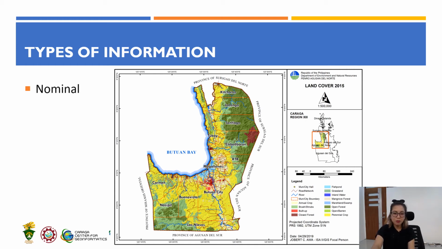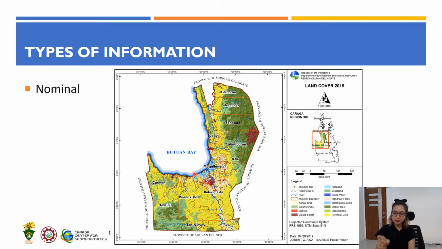But if highly populated places, like for example this one, Butuan City, for sure this is populated, right? Same here, what place is this? Kabadbaran, and other places. So the red means people have built houses there.